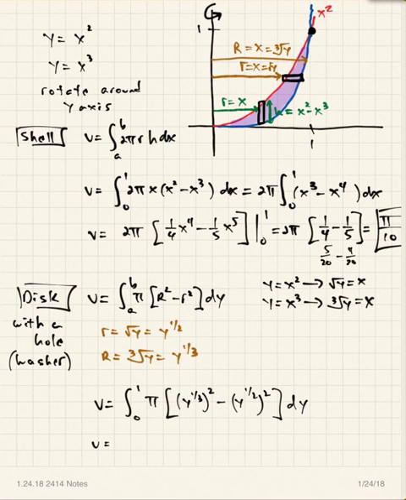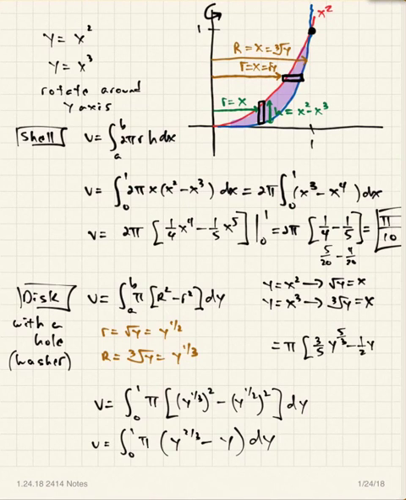And so volume ends up being the integral from 0 to 1 of pi times y to the 2/3 minus y dy. I mean, it's not horrible, certainly, but I think shell in this case is clearly the winner here. So this is pi times 3/5 y to the 5/3 minus 1/2 y squared.